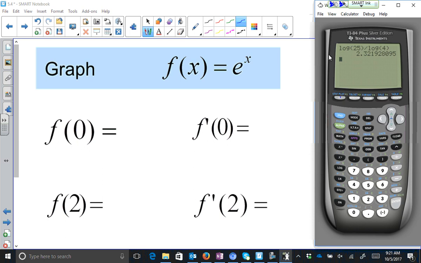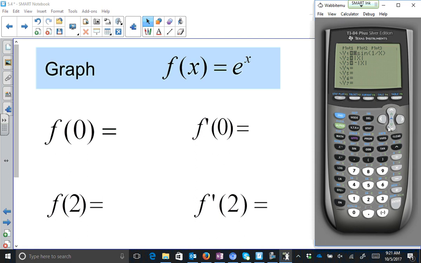Let's graph e to the x. Okay, so we have e to the x.